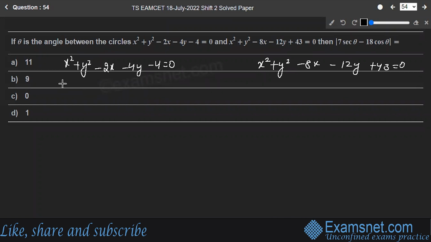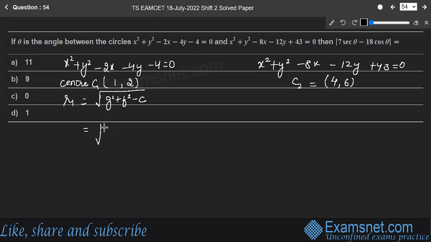You know the center is given by minus half the coefficient of x, that is 1, minus half the coefficient of y, which is 2. So the center C1 is (1, 2), and C2 is given by a similar thing, (4, 6). And the radius r is given by root of g squared plus f squared minus c.